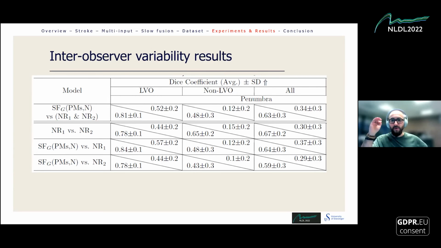We try to see the prediction of our selected model, the slow fusion approach, in comparison with annotations generated by two neuroradiologists, named NR1 and NR2 in this table. We check the Dice coefficient on average over the entire test set.